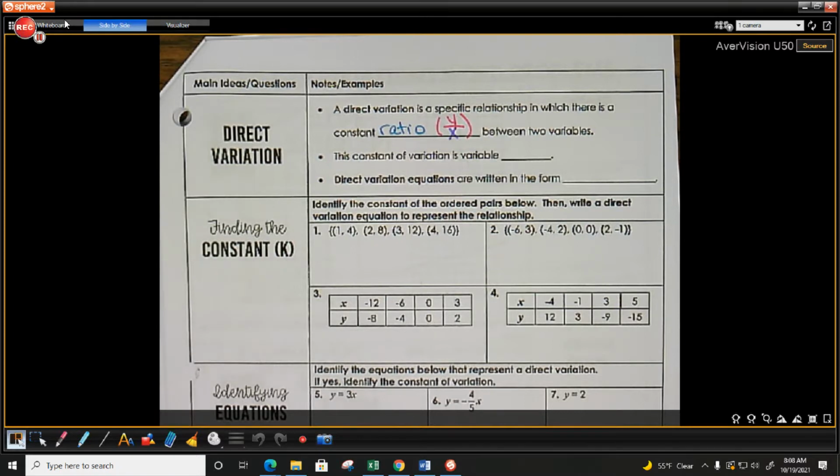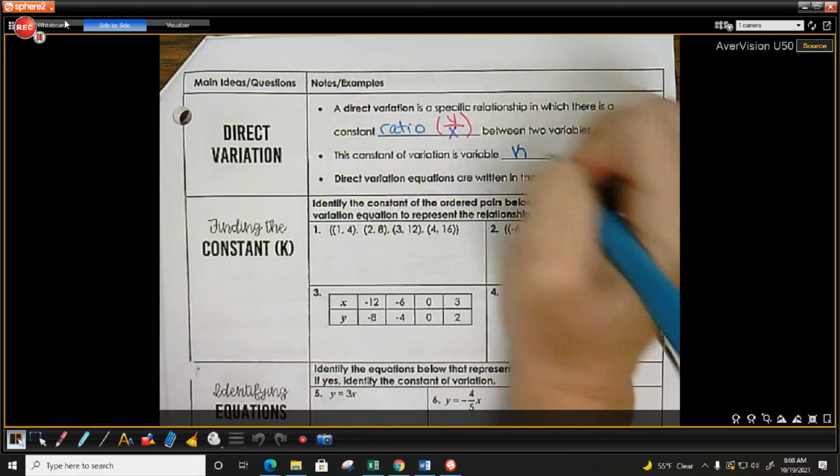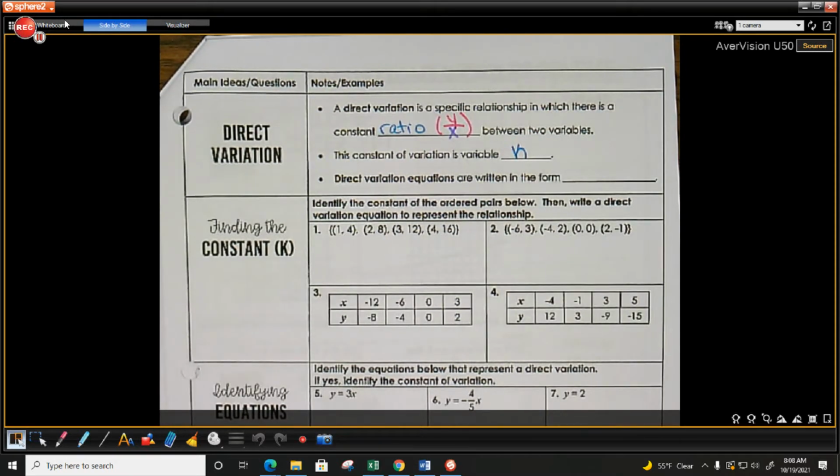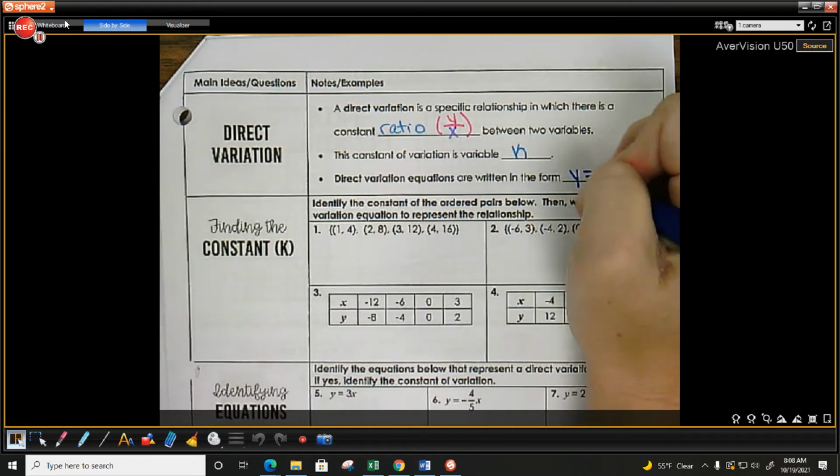This constant of variation, the variable is k. We use k for our constant of variation. Direct variation equations can be written in the form y equals kx.